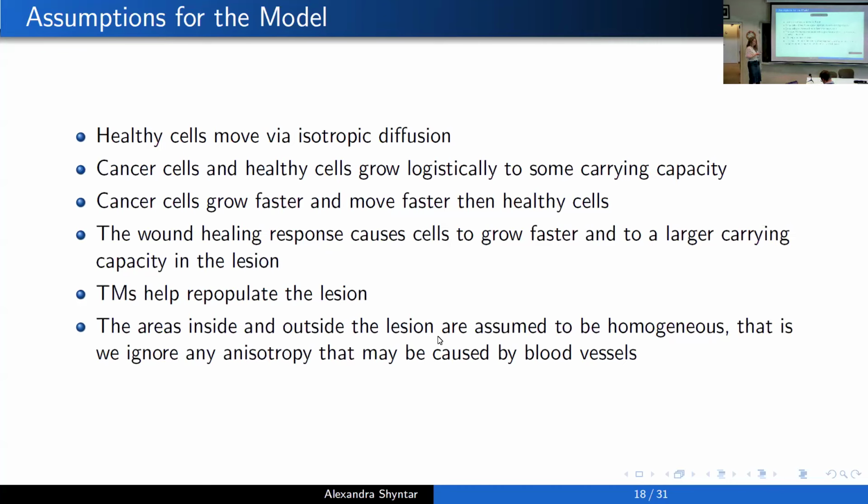This is because when there are wound healing mechanisms, growth factors are secreted, and also angiogenesis occurs, which provides more nutrients to the tissue. We assume that the tumor microtubes help repopulate the lesion. And finally, the simplifying assumption is that the areas inside and outside the lesion are homogeneous, so we ignore any effects from the blood vessels.